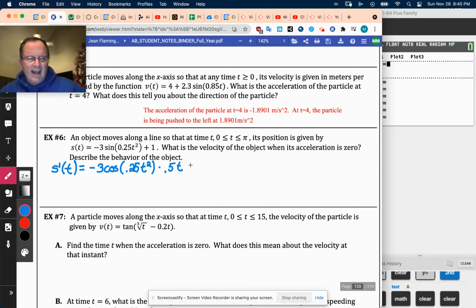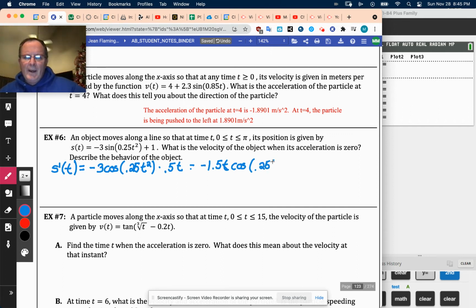All right. So if I clean that up a little bit, it's still not going to be great. I'll have negative 1.5 t, and then cosine 0.25 t squared. Now, here's the problem.